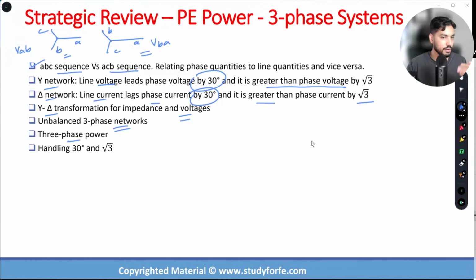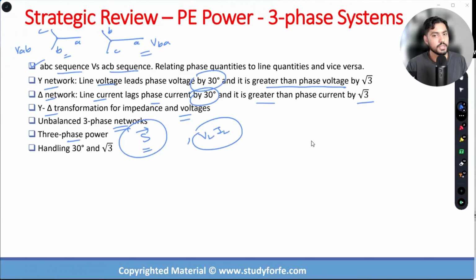And for three-phase power, all the equations are given, just be very careful. I recommend students to always start with the complex power, and as far as the line and the phase quantities are concerned, I recommend using the formulas involving the line voltage and the line current as compared to the phase quantities, because the line voltage and line current are independent of the configuration, and we can use the black box approach to then calculate everything else.